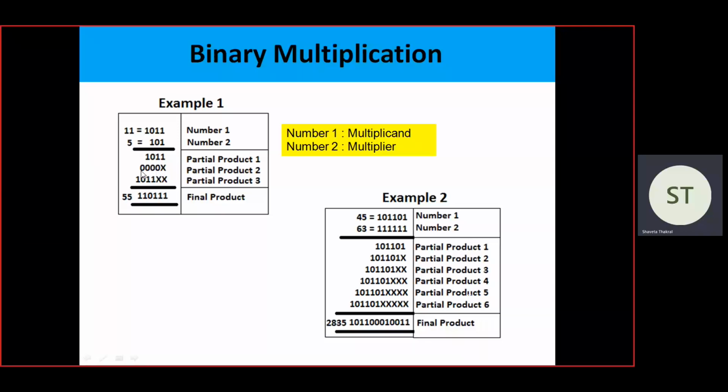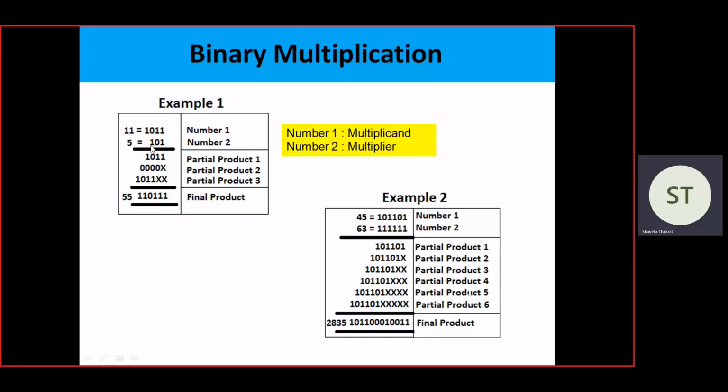So here we have 4 zeros because 0 multiplied to 1 is 0, 0 multiplied to 1 is 0, 0 multiplied to 0 is 0, and 0 multiplied to 1 is 0. So this is considered as partial product 2.